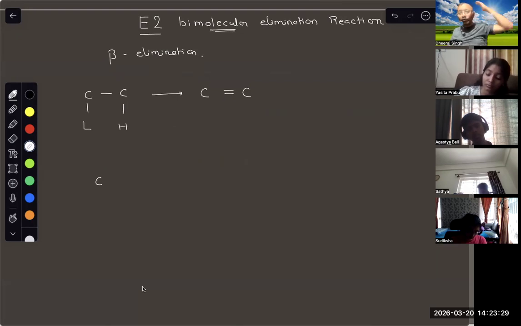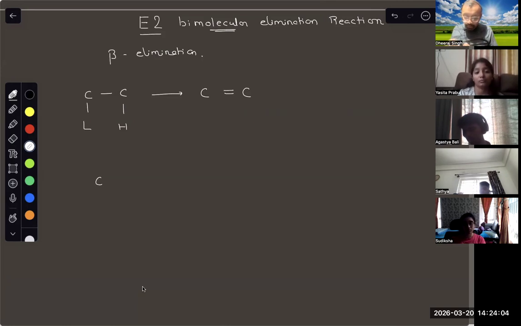Just like in SN2, the reaction depends on the concentration of the nucleophile as well as the substrate. The rate determining step will have both together in SN2 as well as in E2. In SN1 and E1, the rate determining step has only the substrate. Nucleophile doesn't come in the rate determining step. If you increase the concentration of nucleophile, rate will not get affected for SN1 and E1.